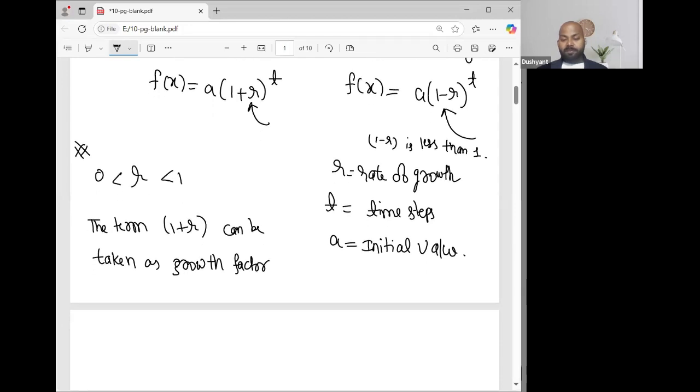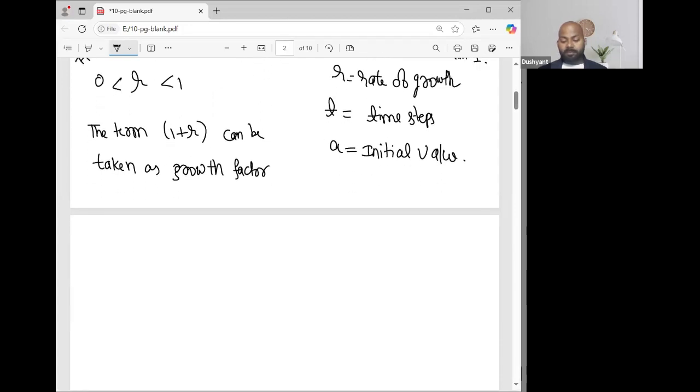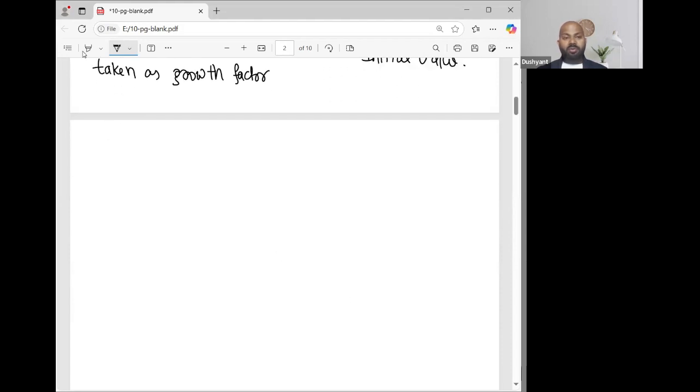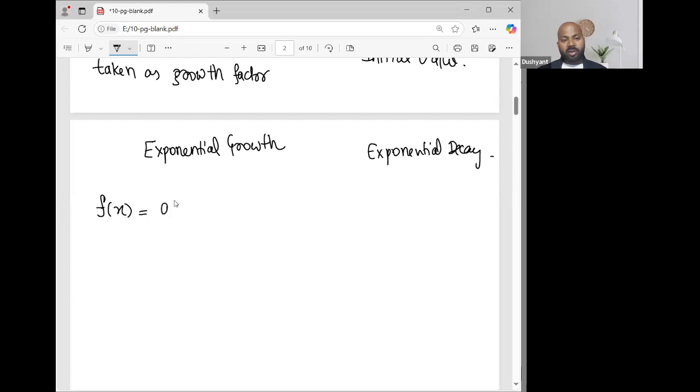Now, most of the time the forms will be exponential forms. The most common form of the exponential growth function is written in this way: a times b to some power, or a(1 plus r) to the power t.